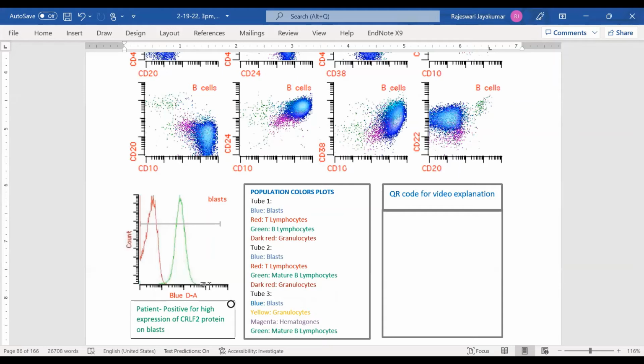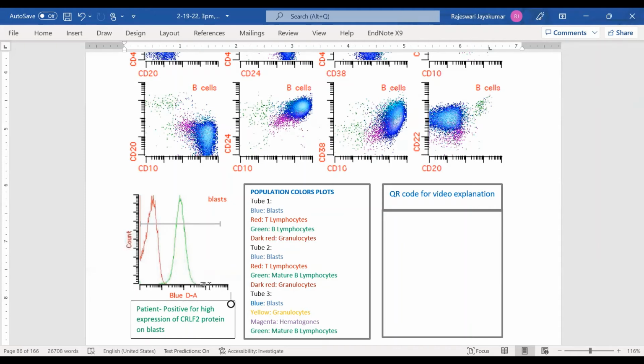In recent years, WHO has added a new category of B-ALL under recurrent genetic abnormalities, which is B-ALL with BCR-ABL-like translocation. These cases do not have BCR-ABL translocation, but they have a genetic profile similar to the cases with BCR-ABL translocation. Almost half of these cases that are BCR-ABL-like have the CRLF2 translocation.